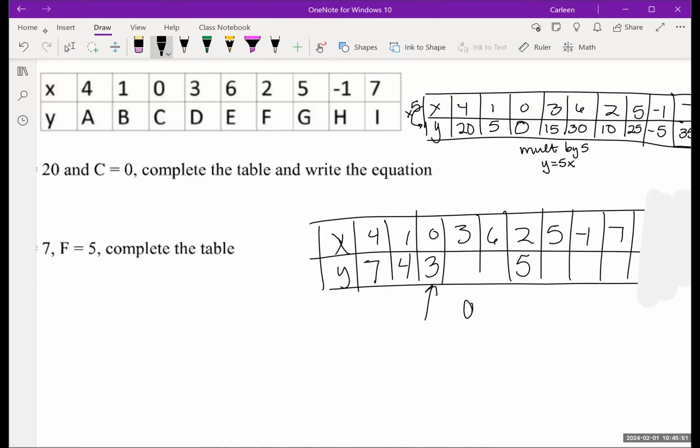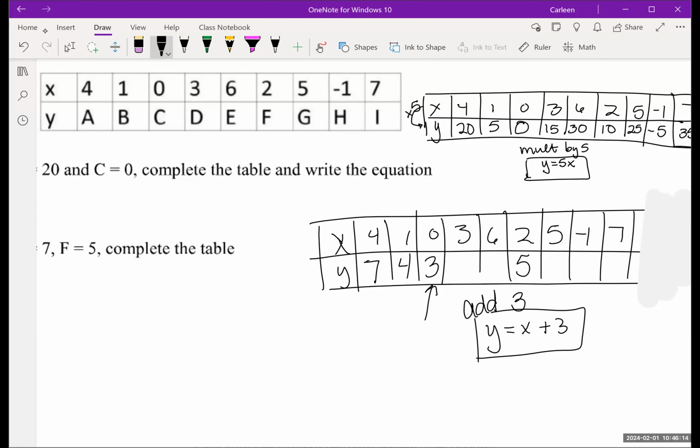So the rule is adding 3, or y equals x plus 3. So notice when we add, we have to put the plus sign. But when we multiply, we just put them next to each other.